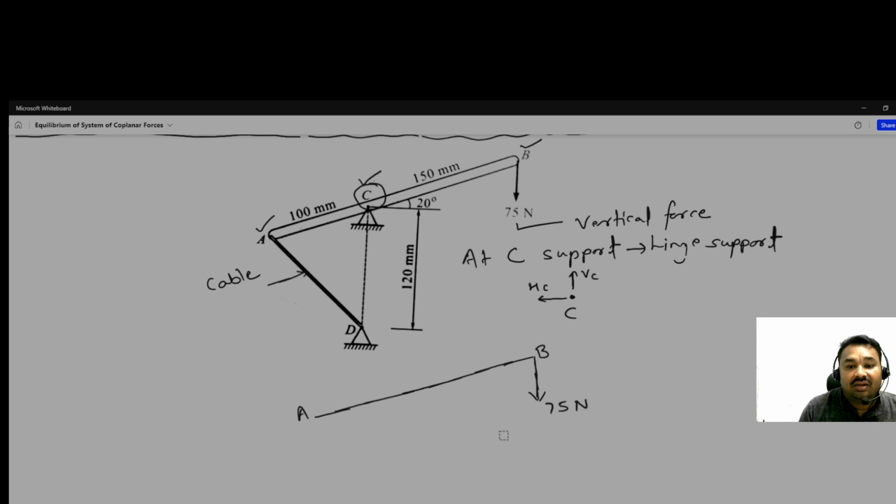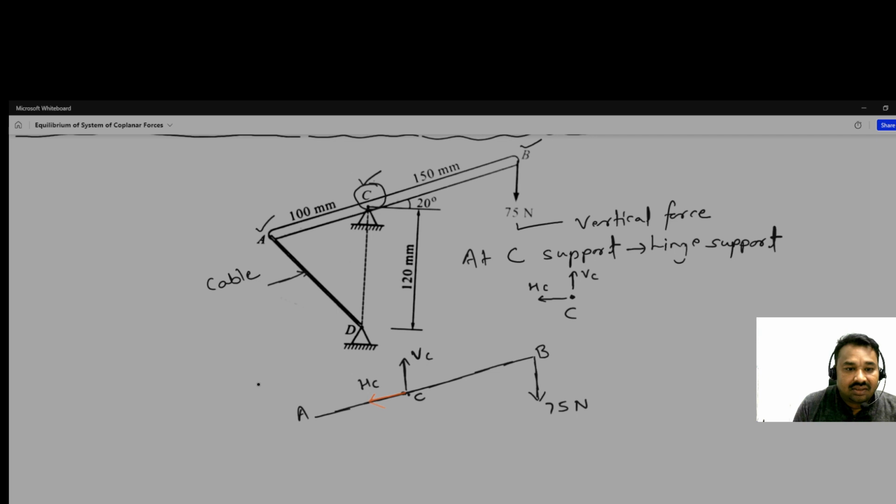So at C the hinge is there, so that's why this is VC, and for more clarity, this one is HC.